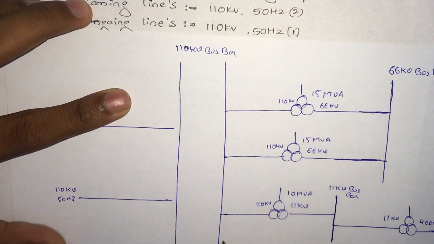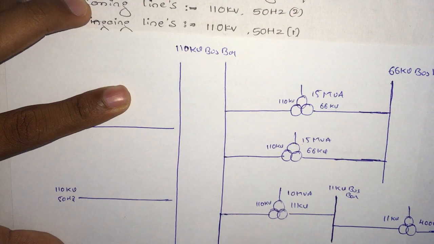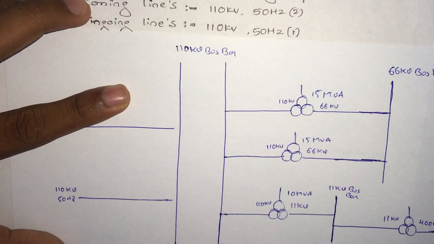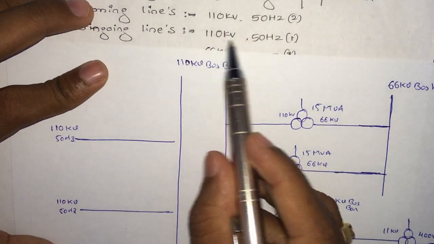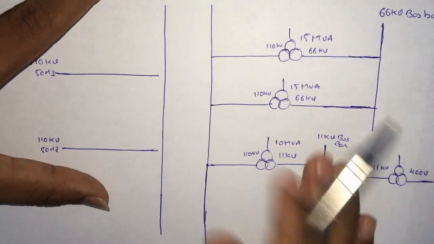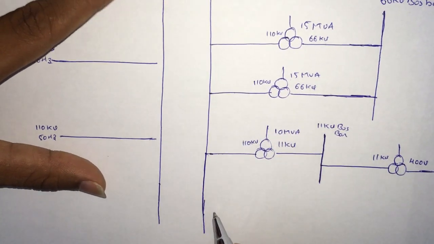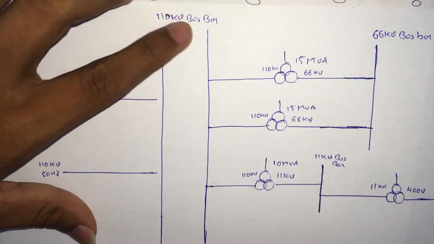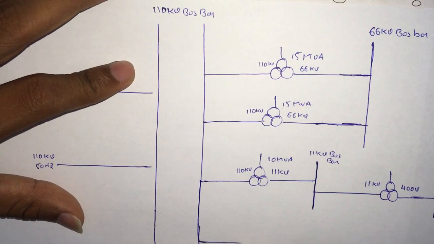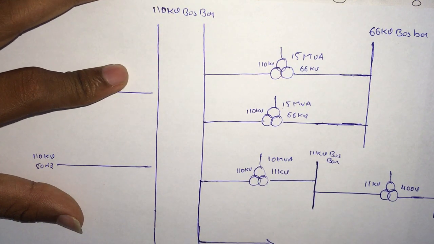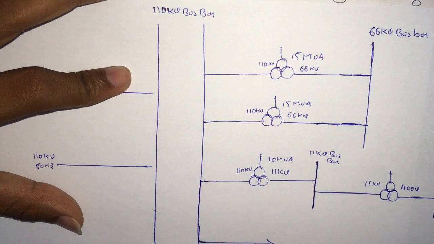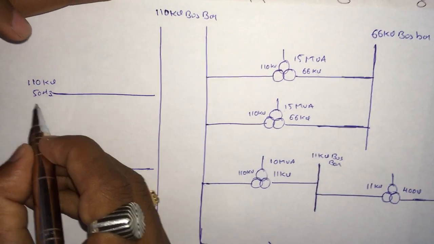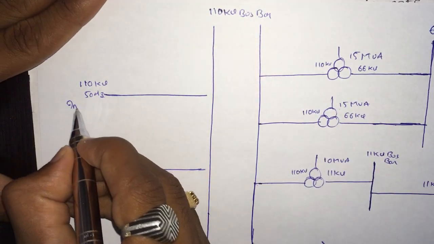So the 110 kV outgoing line can be taken from the 110 kV bus bar itself, not from anywhere else. So this 110 kV 50 hertz is taken from the 110 kV bus bar. Now I am going to mark it as 110 kV 50 hertz outgoing.